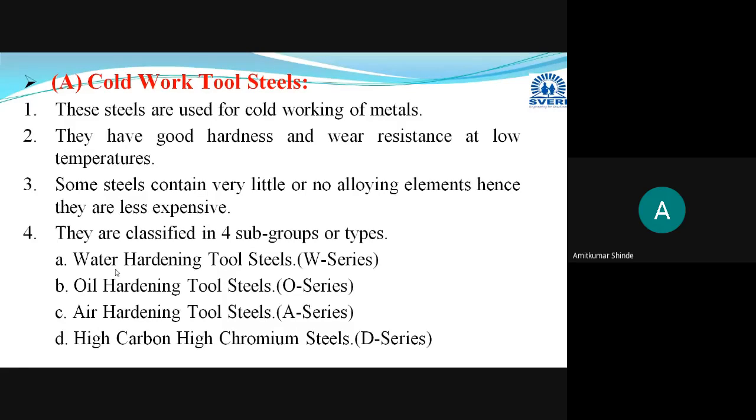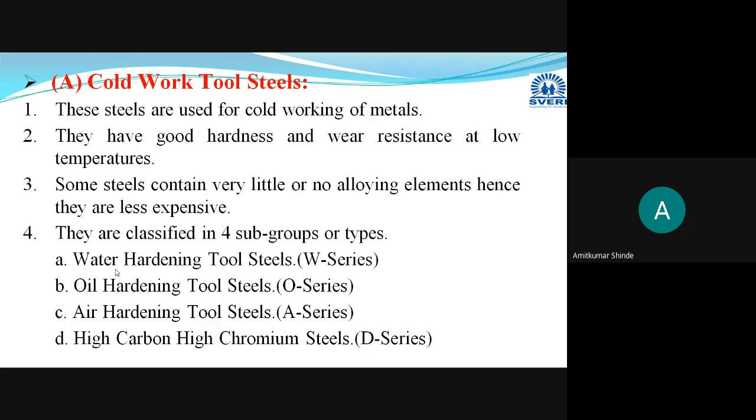And in the second property you can write that all these steels can be used for cold working operations for a particular metal or alloy. Then in the cold working tool steels, some of them may be just plain carbon steels, meaning no other alloying element may be there.